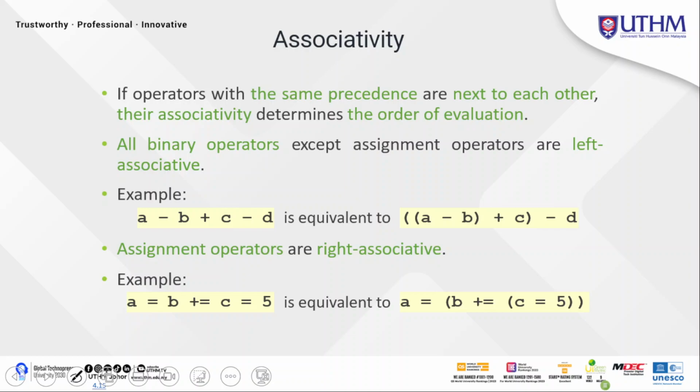Assignment operators are right associative, so the right side is evaluated first, then the left. For example, a equal to b, b equal to b plus c is equal to 5. So c equal to 5, b equal to b plus 5.